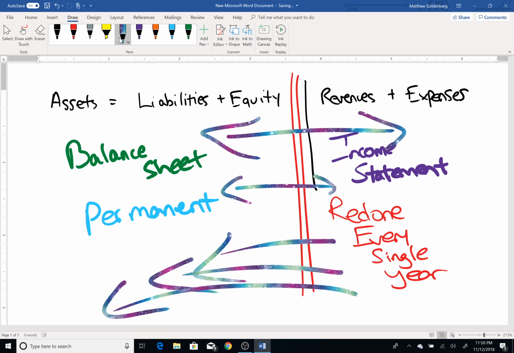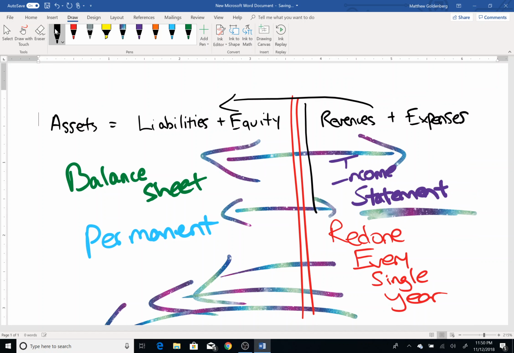All right, let's just focus on this income statement now, and let's focus on a very basic part of it that illustrates this connection between the two. Let me create a new page.